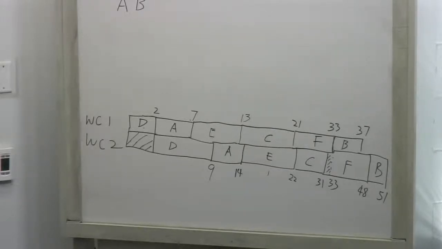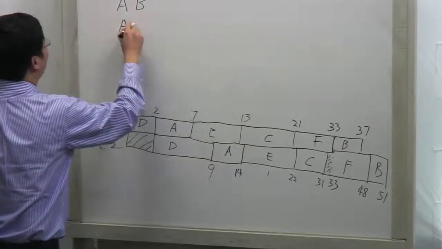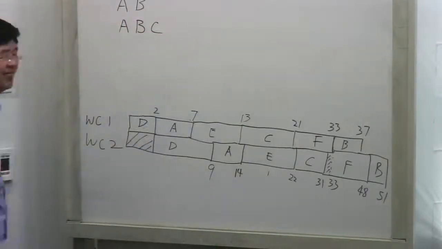Only 2, right? A, B, or B, A, right? I know it's a very trivial question, but I want to begin with it. That's my style, you know that. Begin with a trivial question, understand? What about 3 jobs? How many total possible sequences? 6. Hmm? 6.